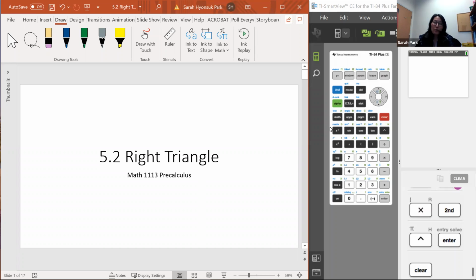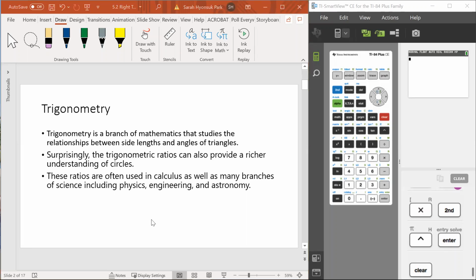In this session, we're going to look at the second section in the trig unit, 5.2, looking at right triangles and the relationships of all the sides. Trigonometry is a branch of math that studies the relationships between the side lengths and angles of triangles.